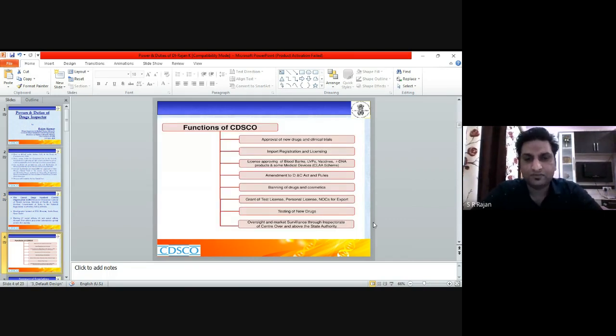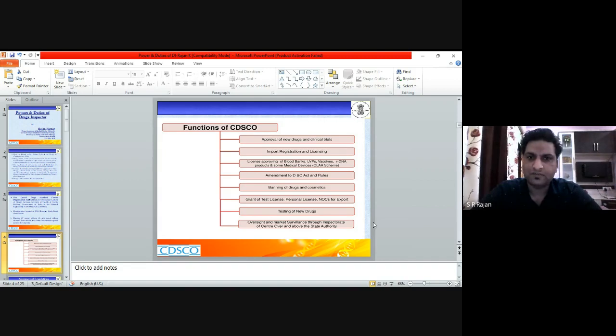The function of CDSCO, which is the National Regulatory Authority of India, is to regulate and implement uniformity of the Drug and Cosmetic Act throughout the country. It is responsible for approval of new drugs and clinical trials, import, registration, and licensing of the drugs, and licensing and approving of blood centers, large volume parenterals, vaccines, rDNA products, and some medical devices.